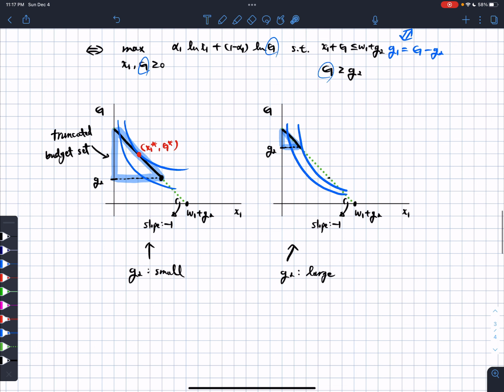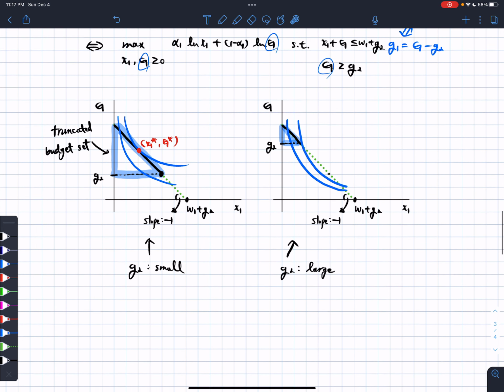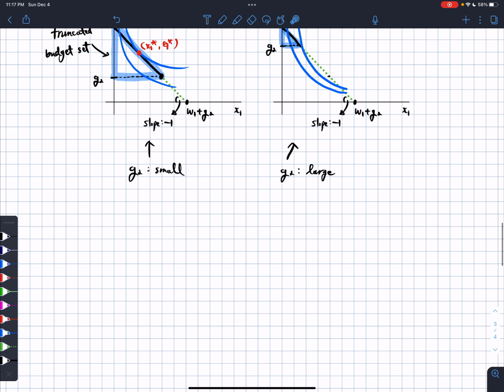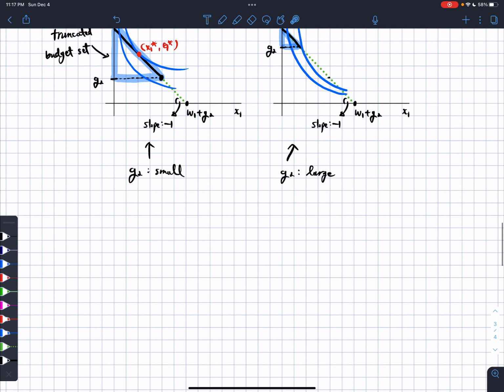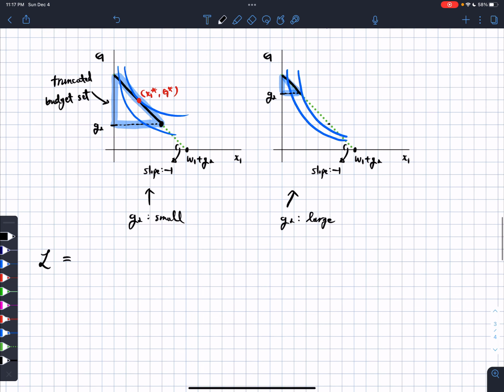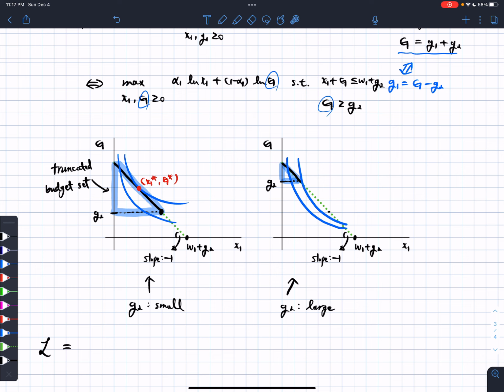So how should we do that? Since we are doing all of this in a pre-recording, I'd like to go over the solution algebraically too. So how should we set the Lagrangian for this?